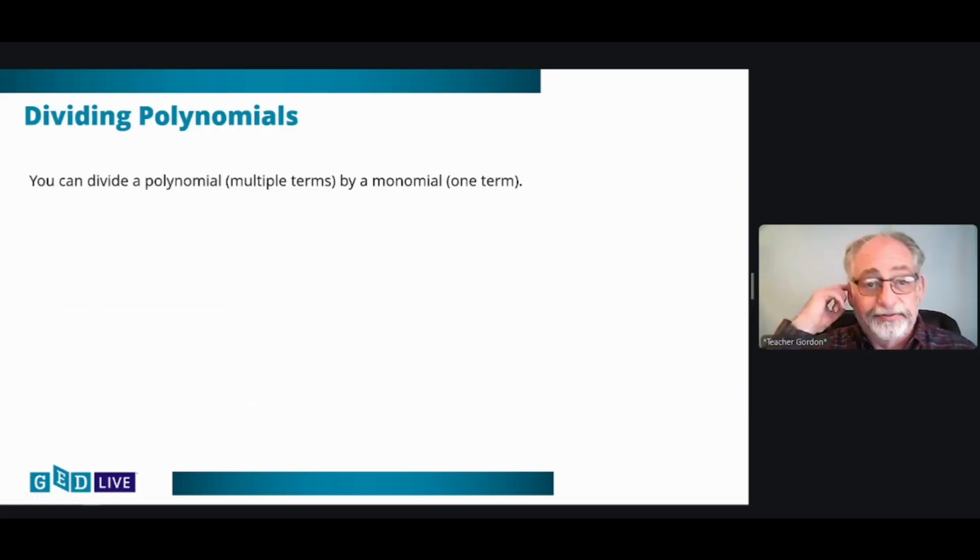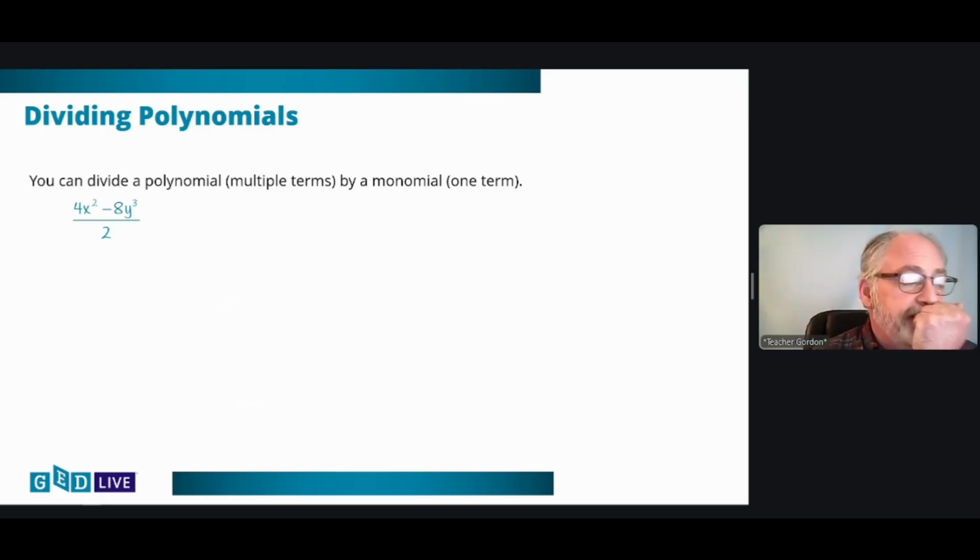Now you can divide polynomials by what we call a monomial, one term. So here we have 4x squared, that's one kind of term, minus 8y cubed, that's a whole different kind of egg, right? But we're dividing both of these by 2.